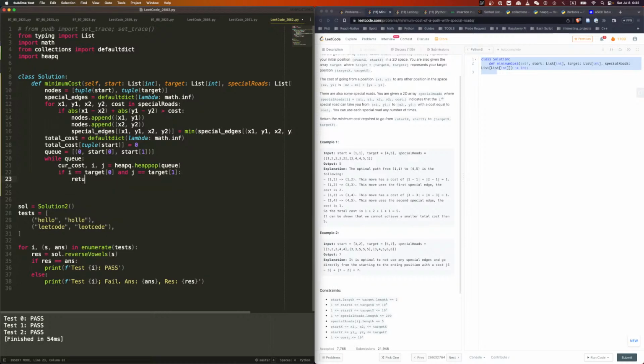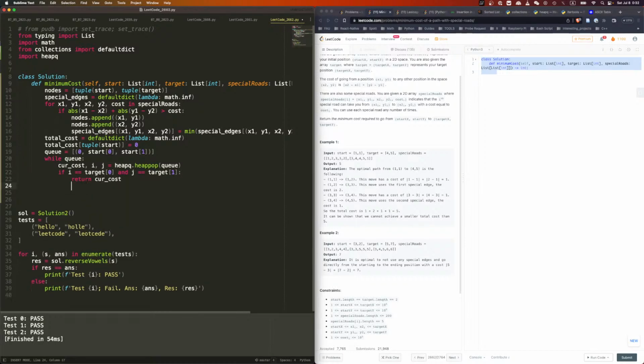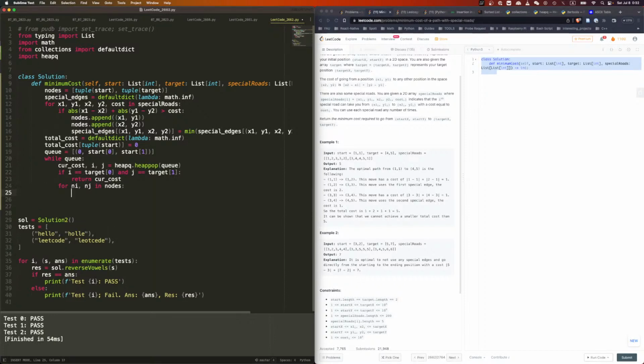Then we can just return the current cost. If not, then we need to go through all the nodes, right? Everybody. So we can say for next i, next j in nodes.